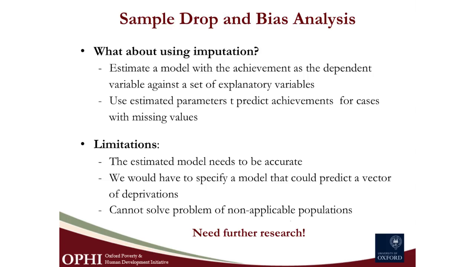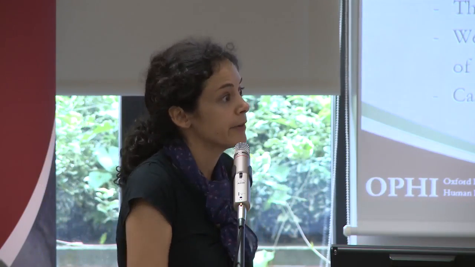And they regress this on a set of covariates, a set of explanatory variables, for the people for whom we have information. And then we predict the achievement for the people for whom we don't have information. So we have to make sure that for our explanatory variables, we at least have information.